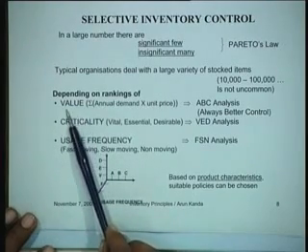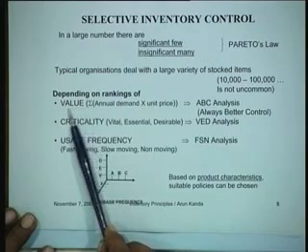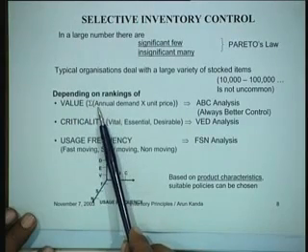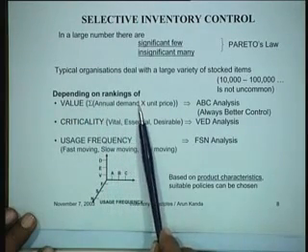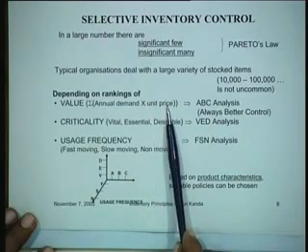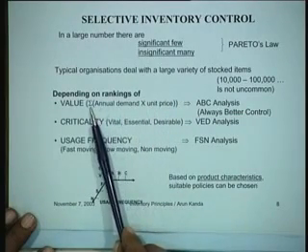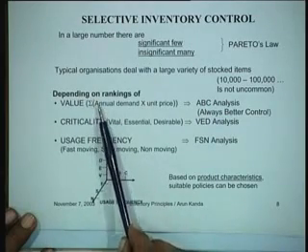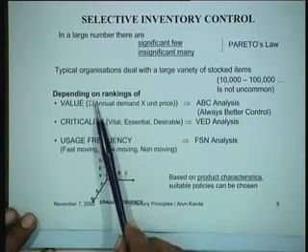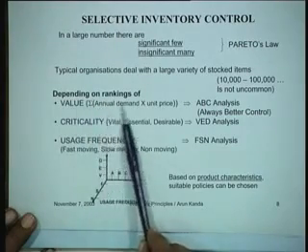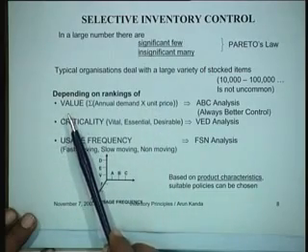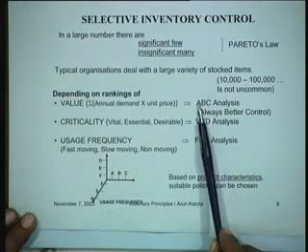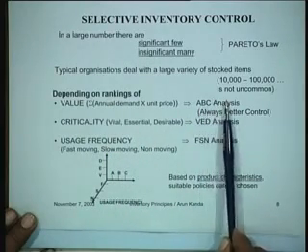When we classify inventory on the basis of value, we calculate for each item the annual demand, multiply it with the unit price, and then put these items in descending order of their value. Value is the annual demand times the unit price, and we take the cumulative value. So what would always happen is that this results in what is called ABC analysis.